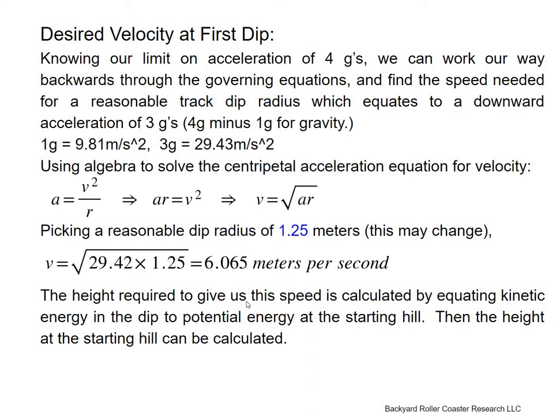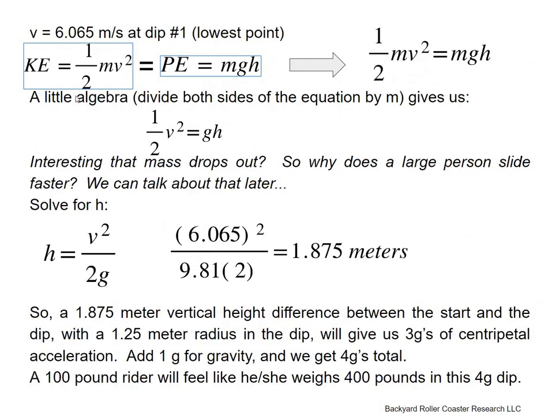So the height required to give us this speed is calculated by taking, in order to get 6 meters per second in the dip, how much elevation do we have to make that kinetic energy equal to the potential energy we start with. So now we can calculate that. This is the kinetic energy, the velocity is 6.065 at the lowest point, the dip.